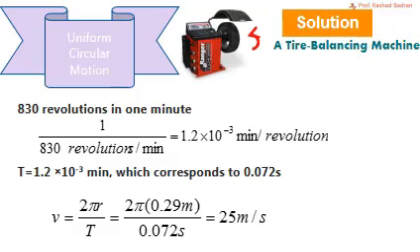This time of revolution is equal to 2 pi r, which is the circumference, divided by the speed. If we want to get the speed, obviously we just insert the radius of 0.29 meters and divide that by the time of one revolution. You're going to get the speed at the point on the circumference, or the outer edge of the tire.